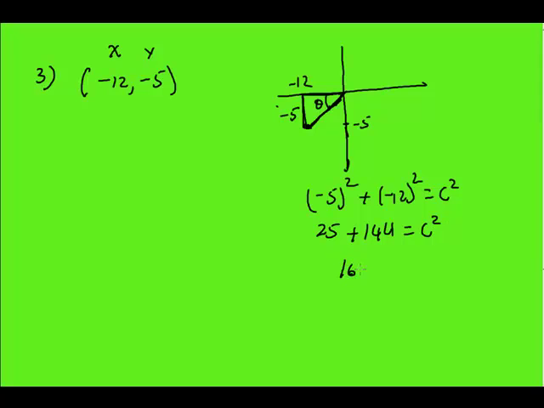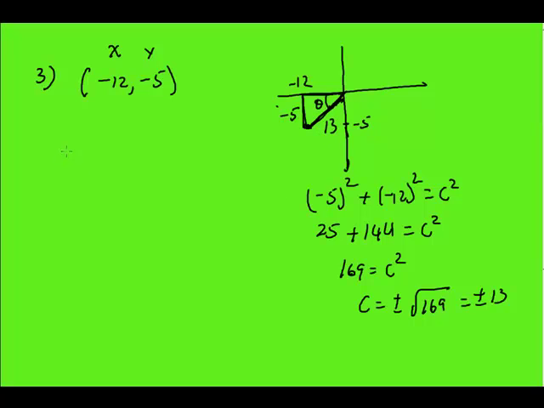And this is 169 is equal to c squared. So my c is equal to plus or minus root 169, which is plus or minus 13. But hypotenuse is always positive, so it's going to be positive 13.